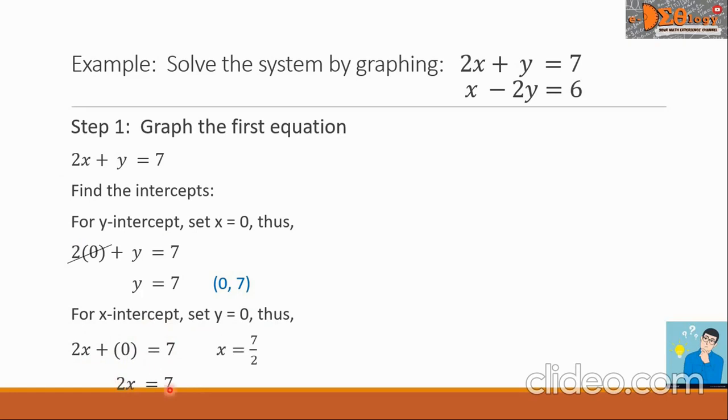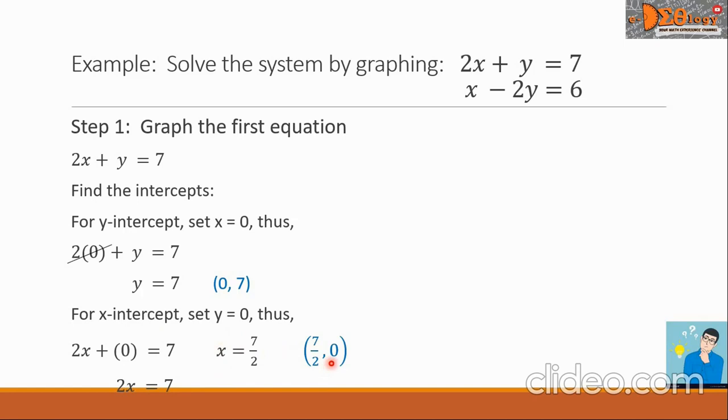So we have now x equals 7 over 2. This is the value of x when y equals 0. And let us write the ordered pair of x-intercept as (7/2, 0), or we say (3.5, 0).